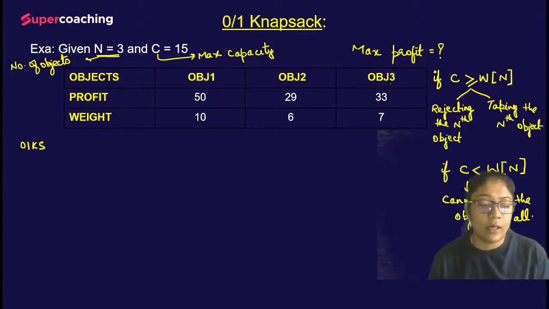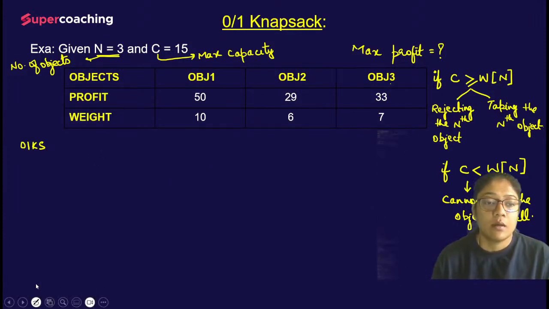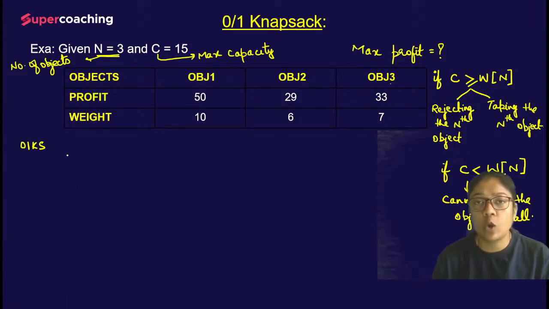So, can you tell me what is the maximum profit that you are getting for this problem? Anyone? Maximum profit for this problem. I don't want to give you the recurrence directly, so I'll be solving this using the recursive call, because you can directly find it.